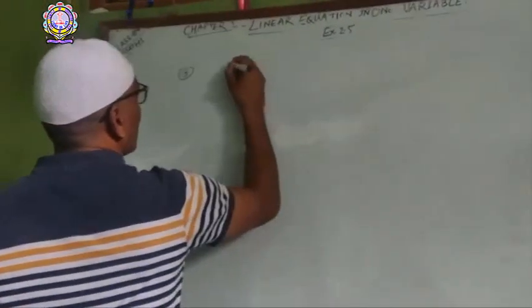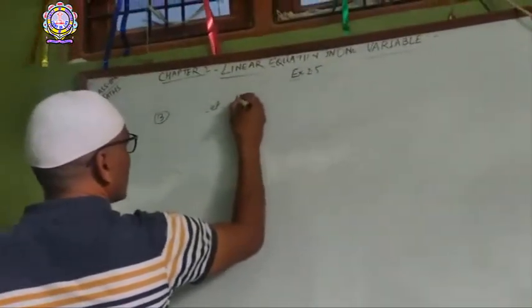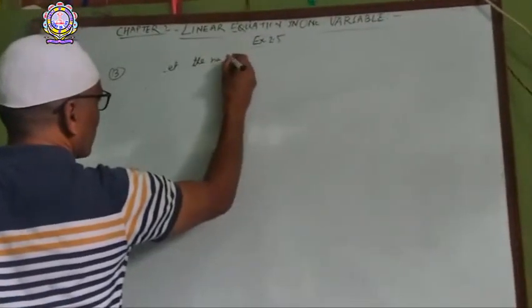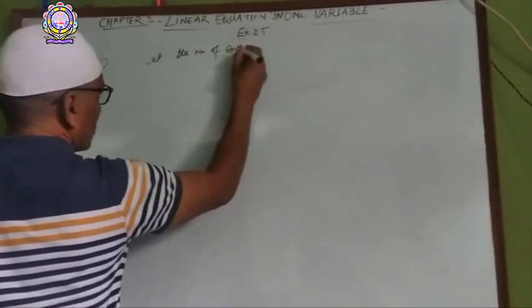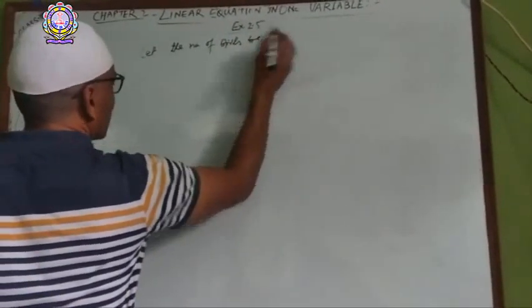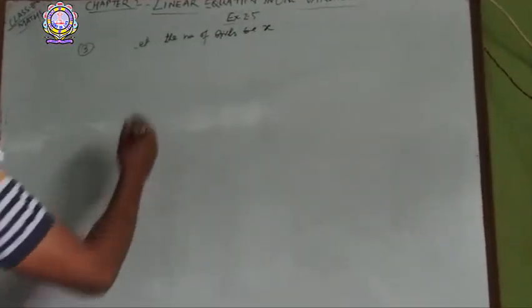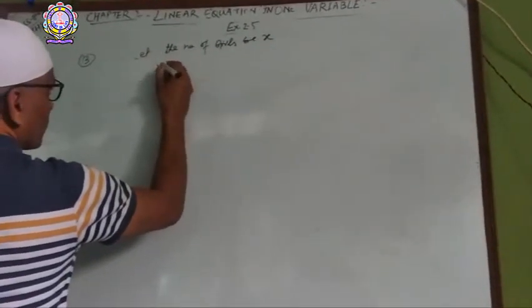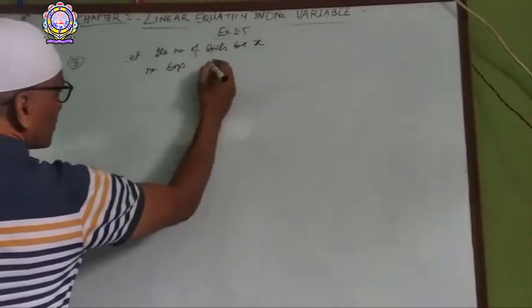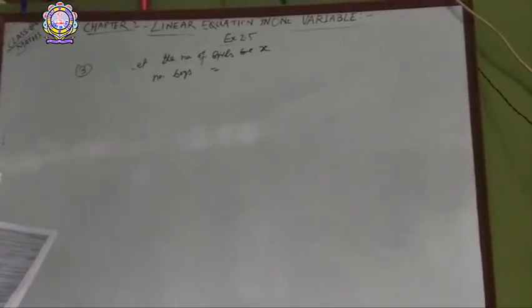Let the number of girls be x. In this class, therefore, the number of boys will be 3/5 of the number of girls.